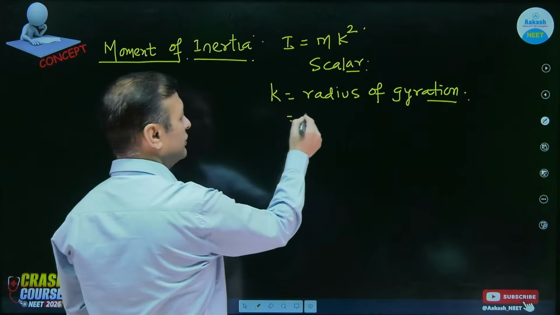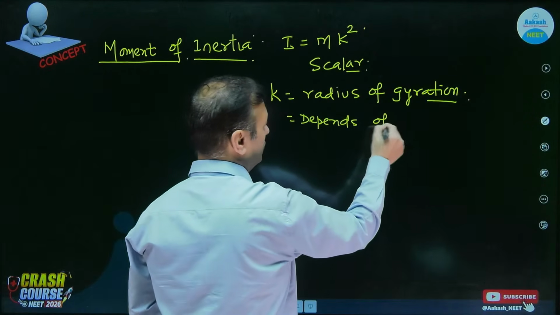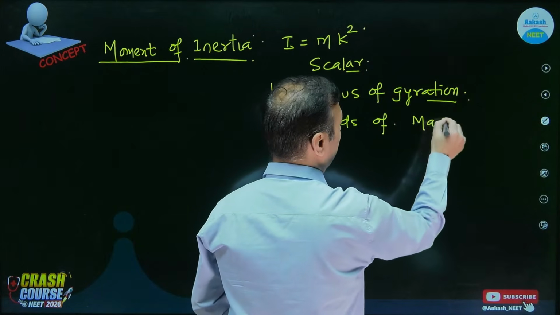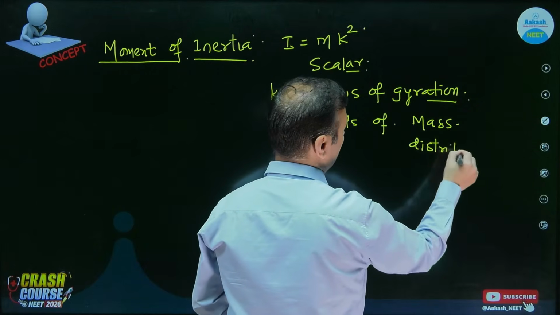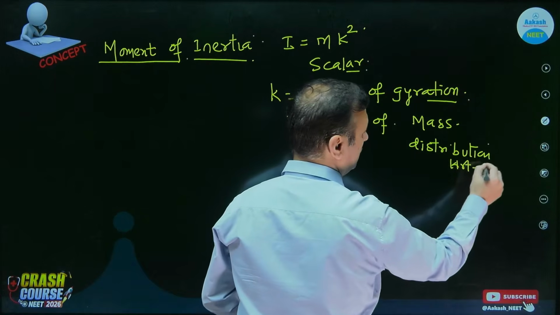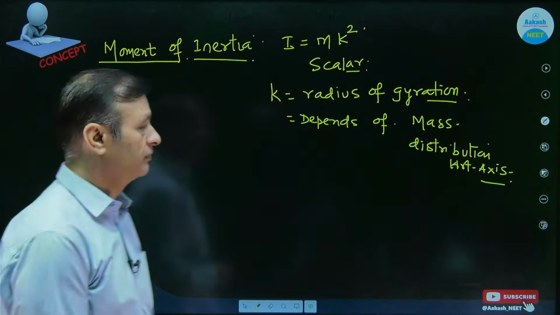This moment of inertia depends on the mass of the body and its distribution with respect to the fixed axis of rotation.